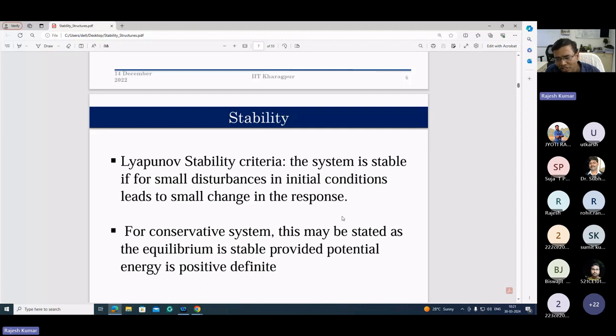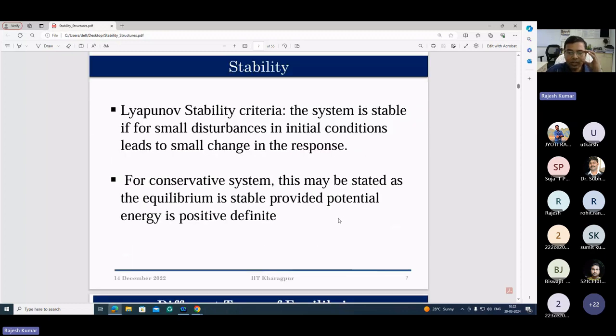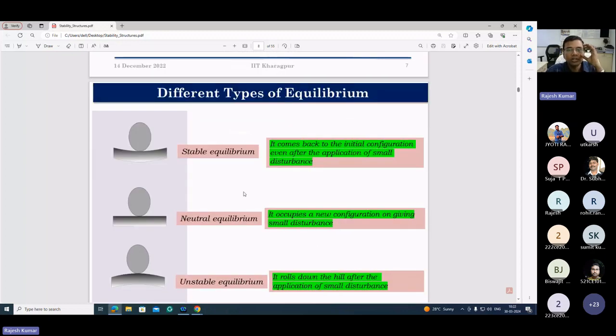A small initial change, a small change in the output, is known as the system being stable. For conservative systems, it may be stated that equilibrium is stable provided the potential energy is a positive minimum. So according to potential energy also, it can be examined whether your equilibrium is stable or not. Okay, the next slide will make it clearer.